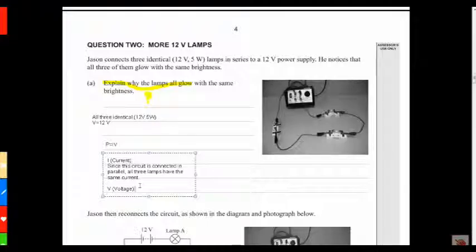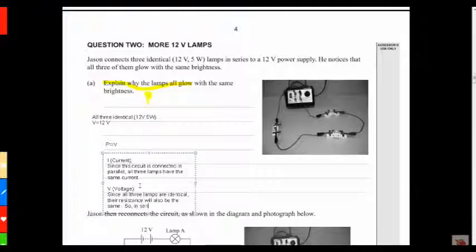And we can say since all 3 lamps are identical, their resistance will also be the same.